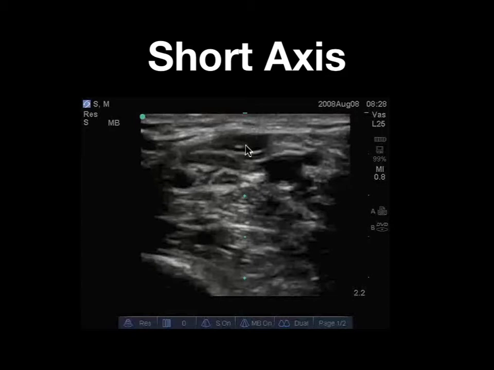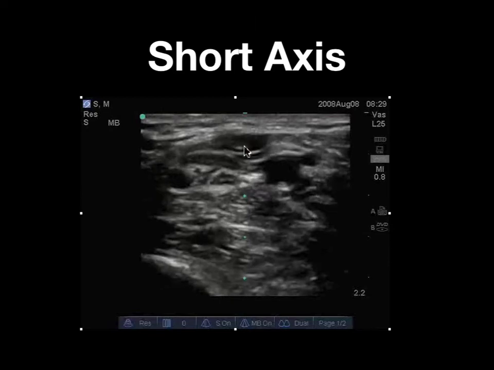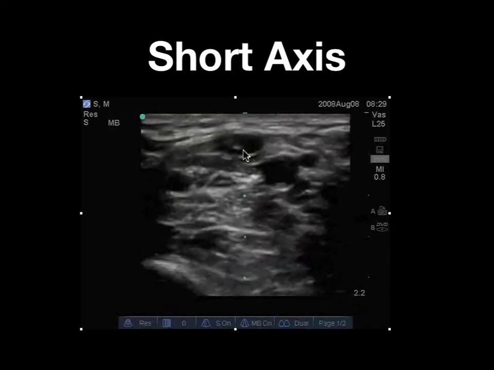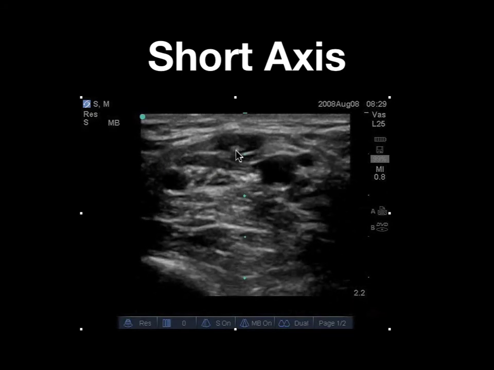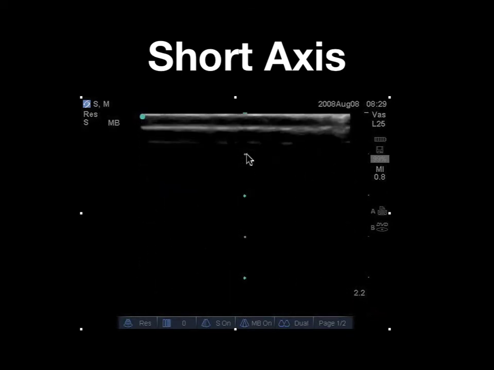If you're going to do something peripherally deeper than that, then you would need to consider using a Seldinger technique and using a central line catheter so that you don't end up with subcutaneous infiltration. But this is a relatively superficial vessel here, so we center over the vessel and enter in the middle of the long face of the transducer, and here you can see the needle within the vessel.